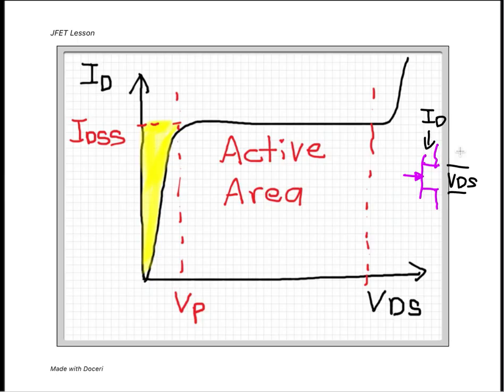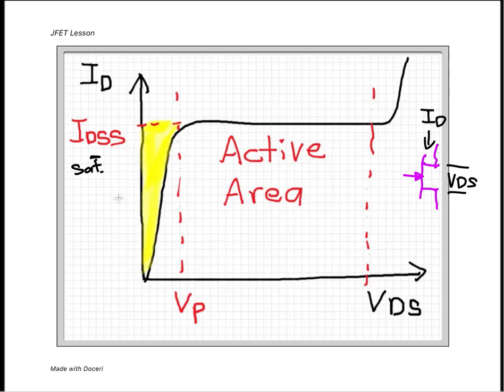And it says that if you make the gate to source voltage equal to 0, that sets the conduction channel width to a maximum, and you have the saturation current IDSS. And again, that's a data sheet number. We looked at that last time.